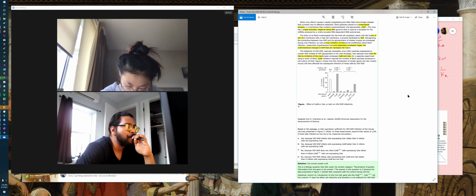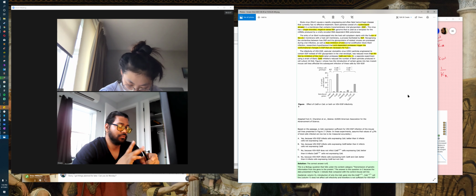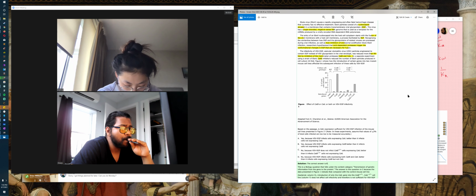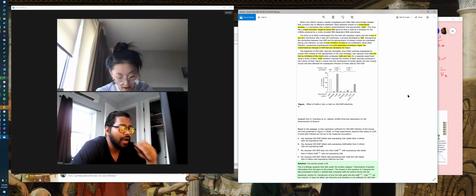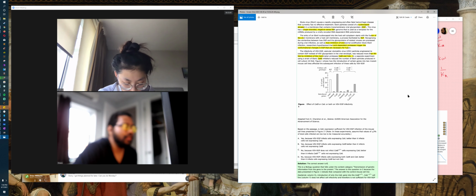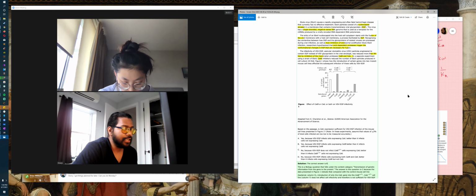So let's see. Based on the figure, is the cat L sub expression? The answer should be no, because cat L alone isn't enough. So then, based on C and D, let's see.